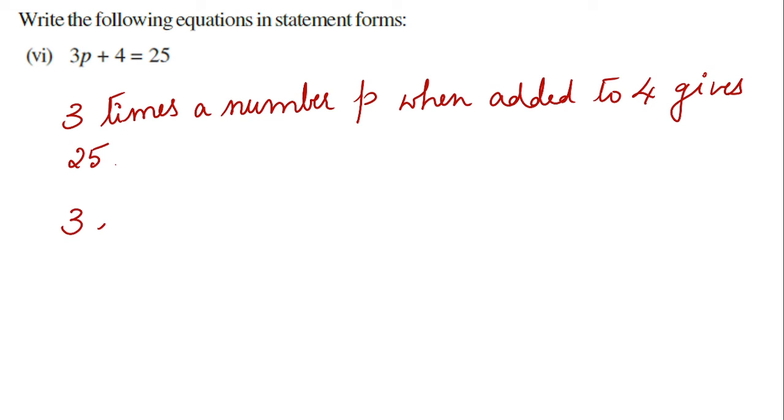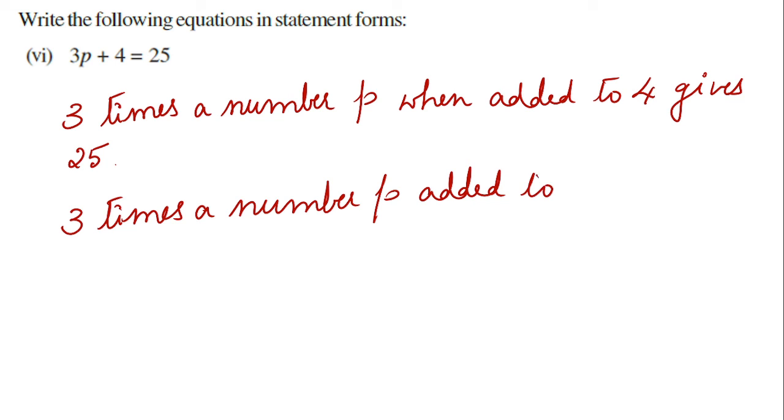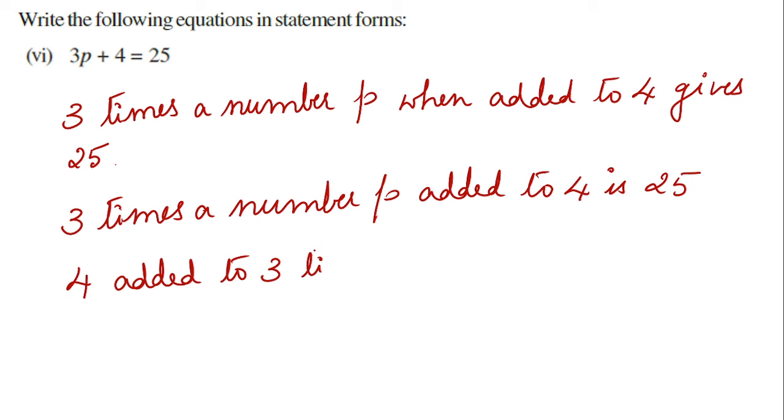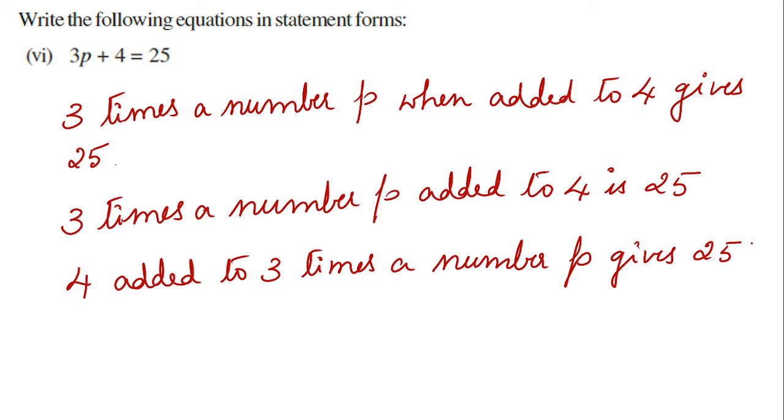The other way of writing it is 3 times a number p added to 4 is 25. You can write it in another way as well. 4 added to 3 times a number p gives 25. So you can write it in different ways. All three give the same meaning.